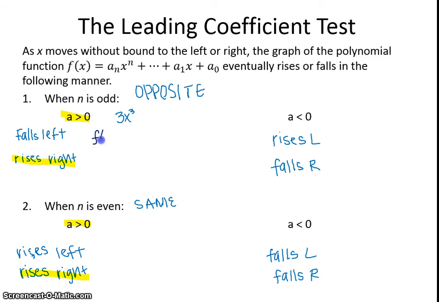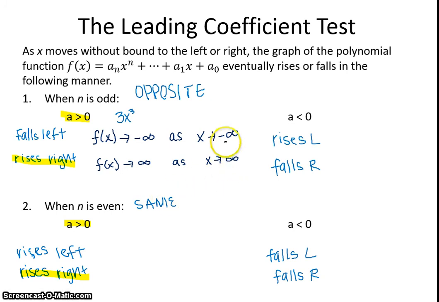So the graph, f of x, is falling, which means it's going towards negative infinity as x approaches negative infinity, since to the left would be as x approaches negative infinity. Rising means that my graph is going to go to positive infinity as x goes to, since I'm going to the right, positive infinity.